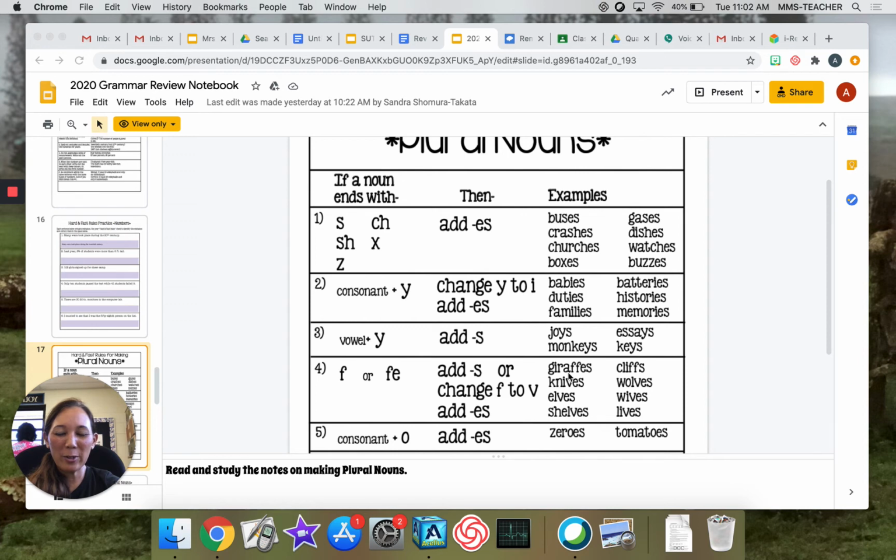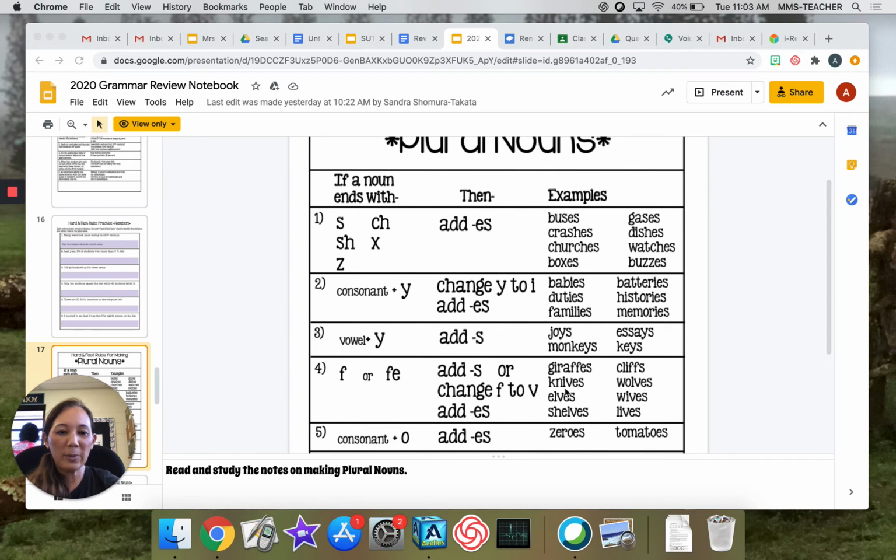Okay, giraffe ends with an FE. So then we add an S to make it a plural noun. Giraffes. Cliffs, on the other hand, ends with just an F. And so what we do is we add an S to make it cliffs.